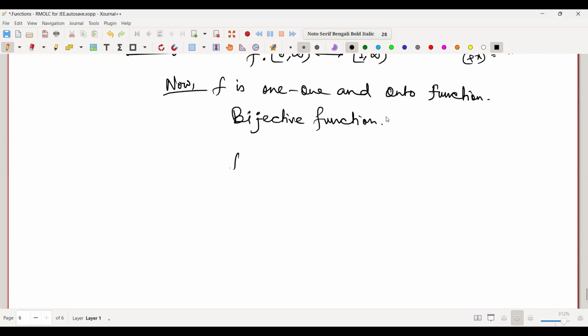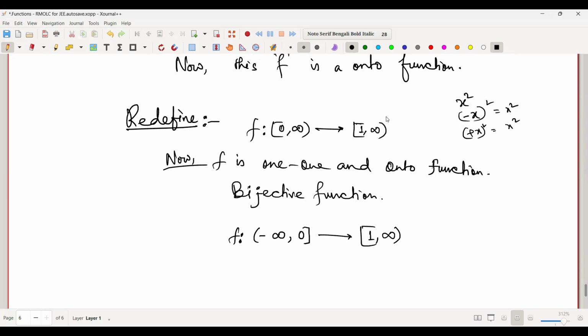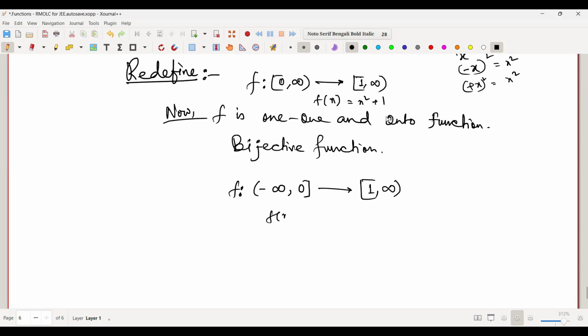We can also take minus infinity to 0 to 1 to infinity. This is also the same. So for this, the definition will be f(x) equals x square plus 1, and here also f(x) equals x square plus 1.